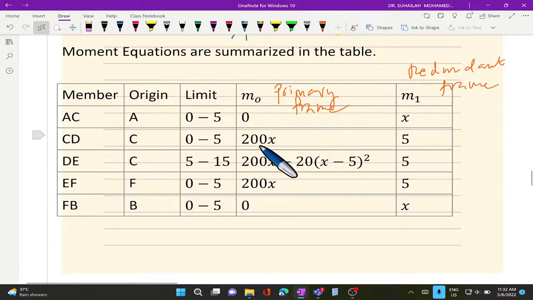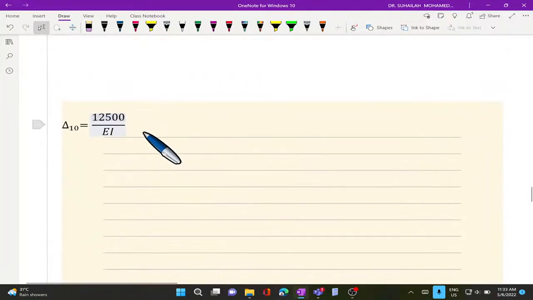That is for CD. Now we calculate for DE: 200x minus 20 times x minus 5, times 5, from 5 to 50. What we get is 66,666.667.